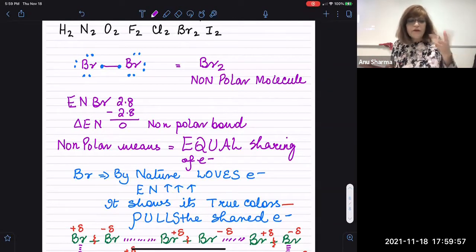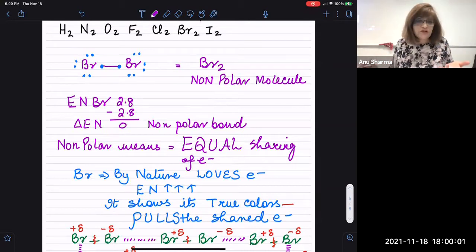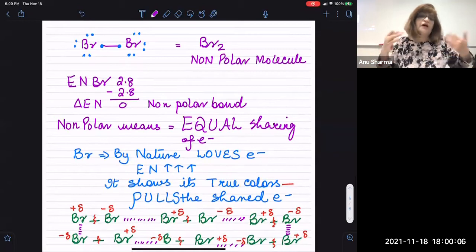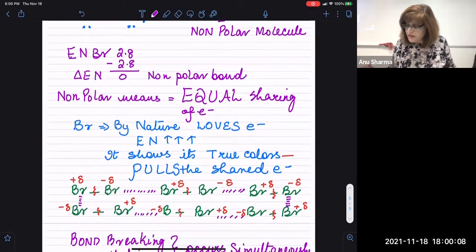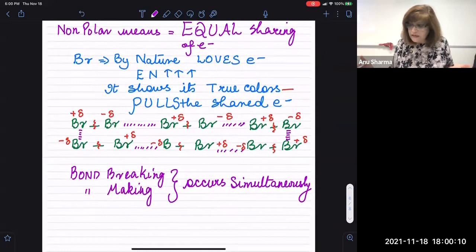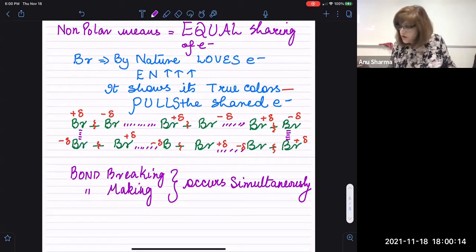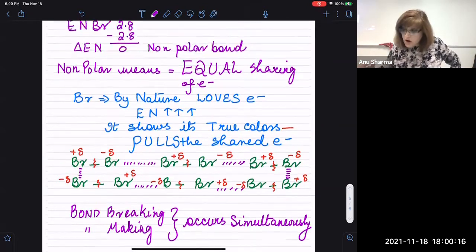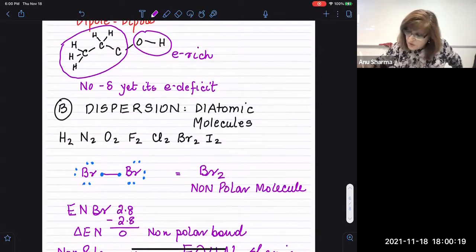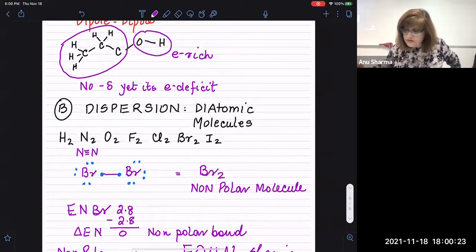So the moment the bromine gets a negative charge, it looks for the other bromine with a positive charge. Or the bromine with a positive charge goes to the bromine with a negative charge because it bonds that one electron. So temporarily they make an adjustment, but then again they break again. So this is continuously happening, not just with bromine and bromine, but look at this nitrogen, nitrogen, triple bonded to itself.